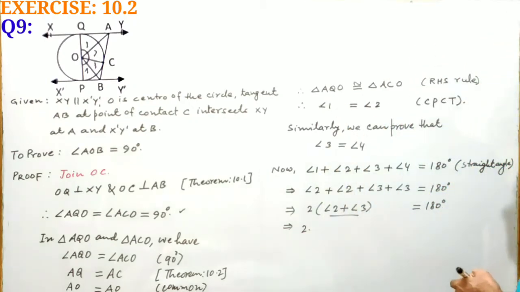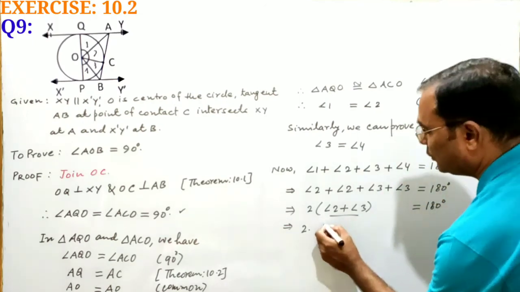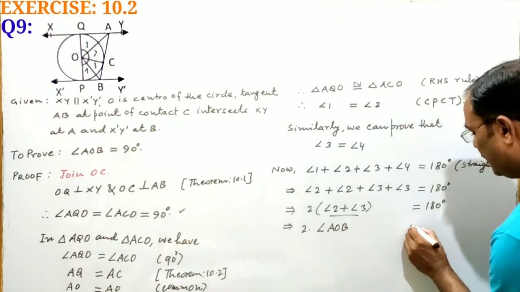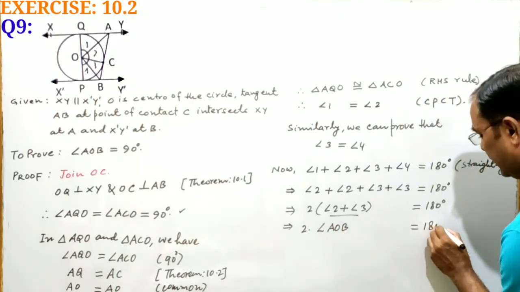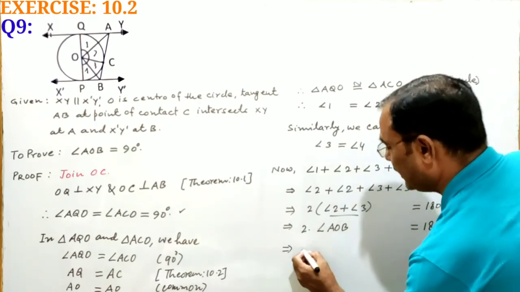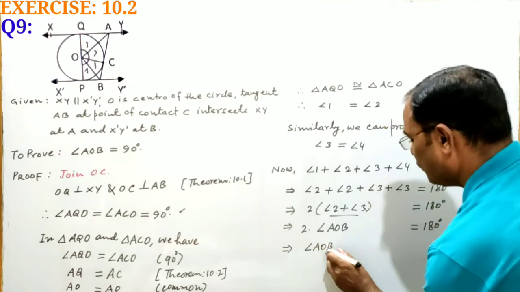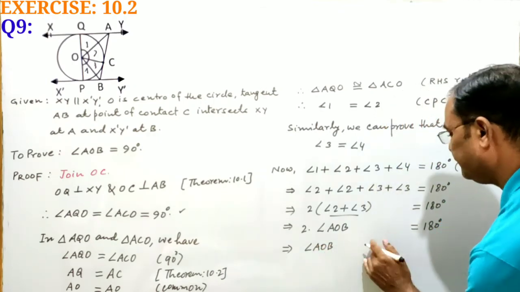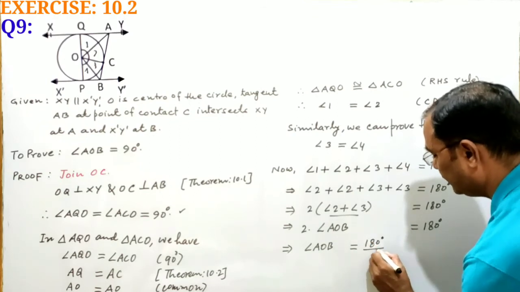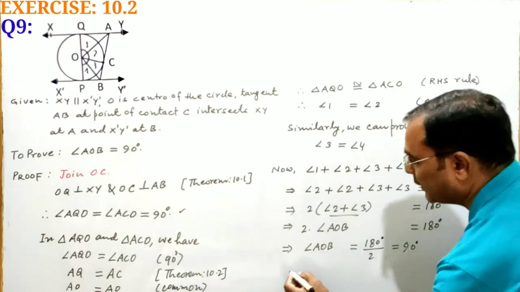And this implies 2 into angle 2 plus angle 3. In the figure we can see that it is angle AOB. So 2 into angle AOB is equal to 180 degrees, and it further implies that angle AOB is equal to 180 degrees divided by 2, which is 90 degrees.